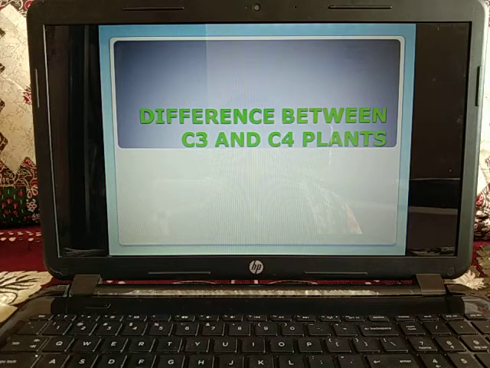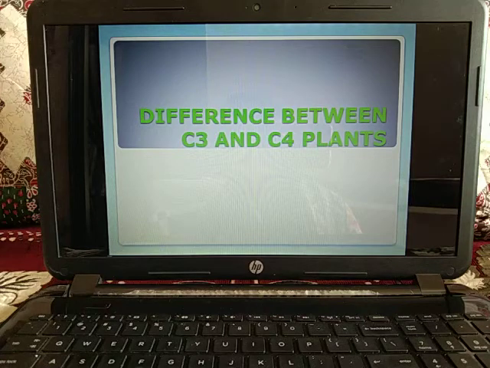C3 plants are unable to perform photosynthesis at very low carbon dioxide concentration, say 10 to 50 parts per million, but in C4 plants photosynthesis continues even at very low concentration of carbon dioxide, you can say 10 to 50 parts per million also.